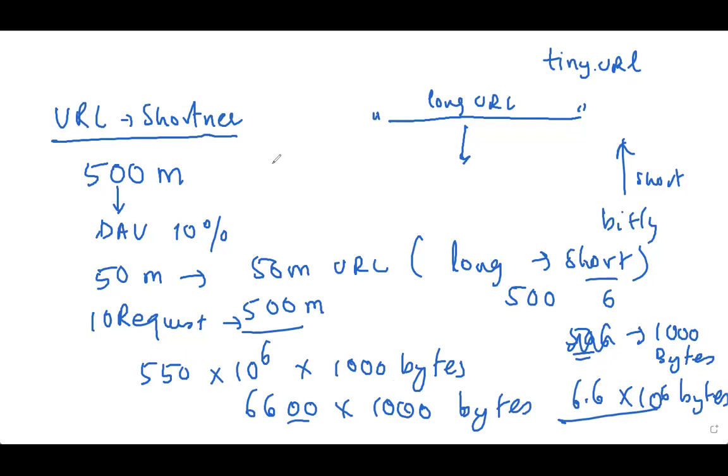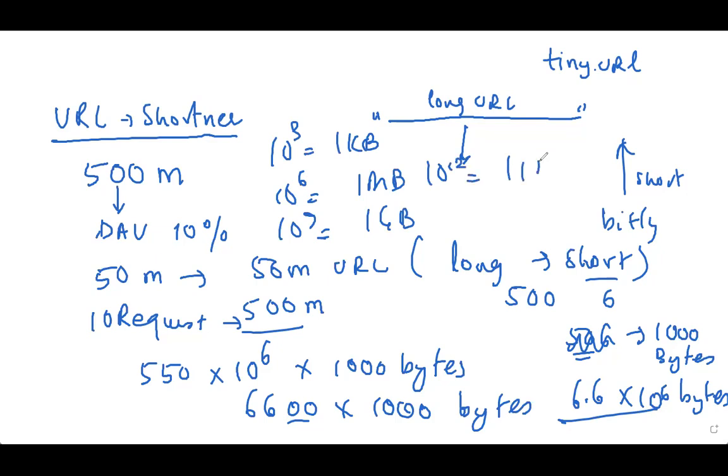10 to the power 3 is 1 KB, 10 to the power 6 is 1 MB, 10 to the power 9 is 1 GB, 10 to the power 12 is 1 TB, sorry, and 10 to the power 15 is 1 PB. So how many megabytes or gigabytes is this? 10 to the power 6 is megabytes.